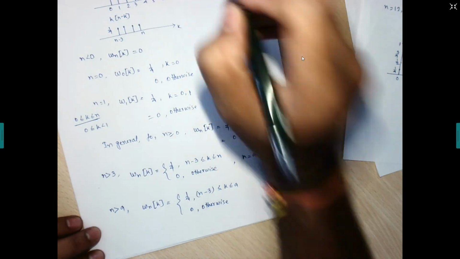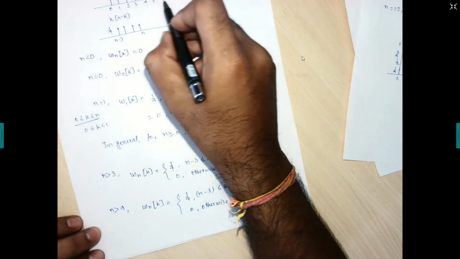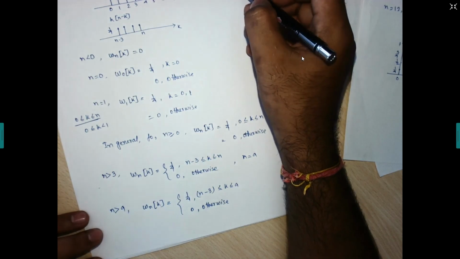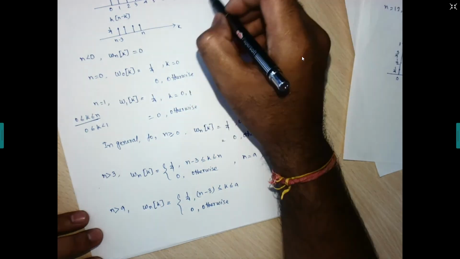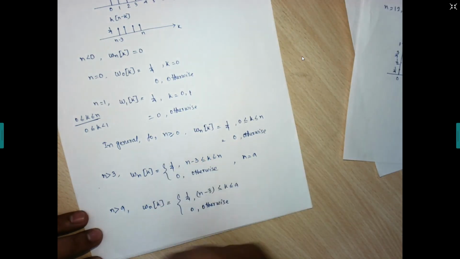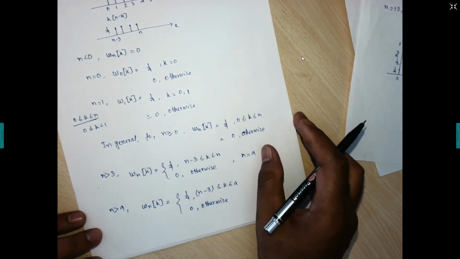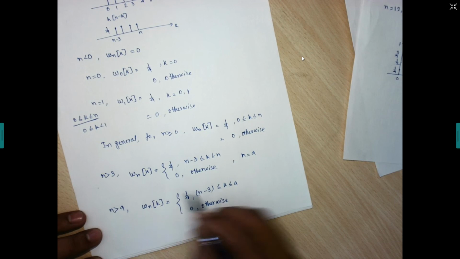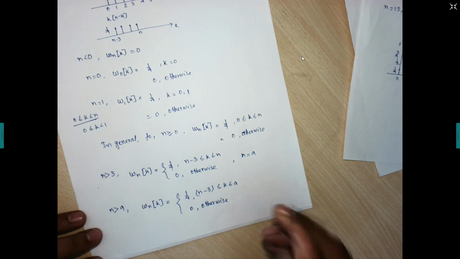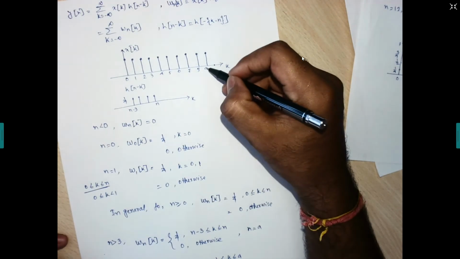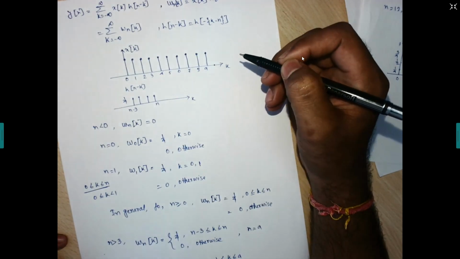But when we slide and come to this location, n greater than 9, we don't have any further samples existing in xk. So we have a smaller number of mappings of xk onto h of n minus k. That is what I have just written. For n greater than 9, the last range of k is fixed, because our xk exists only up to 9.